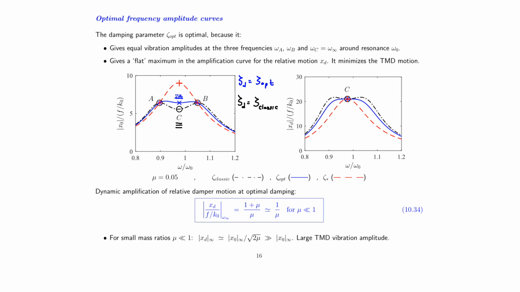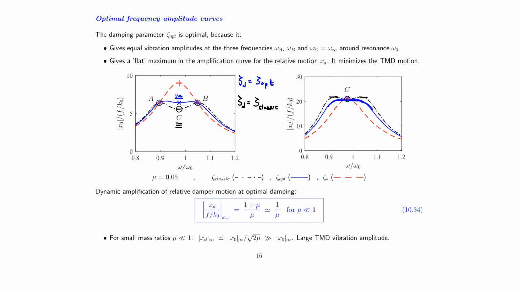And then one would say, okay, why don't we use the Den Hartog solution, the classic solution, instead of the present optimal solution? And the answer you can see is in the figure to the right, because the Den Hartog solution has two peaks in the damper response, slightly outside the reference frequency at point C, whereas our optimum, the blue optimum, is exactly flat in the damper response curve.